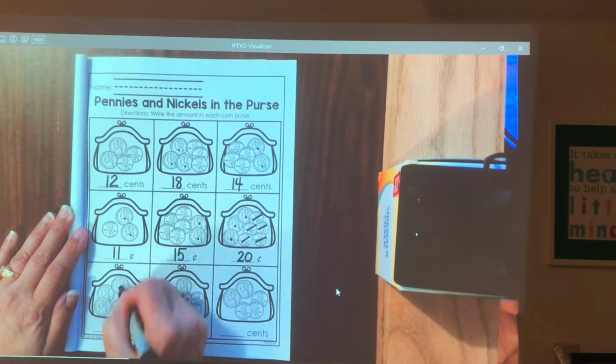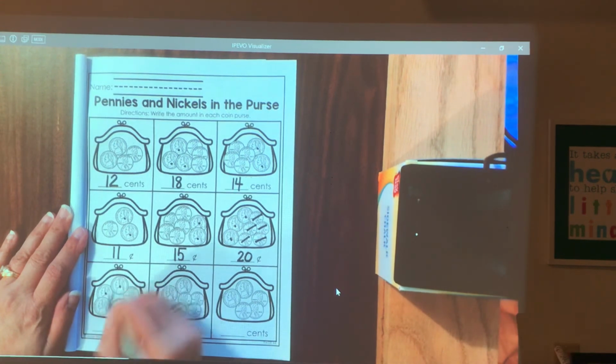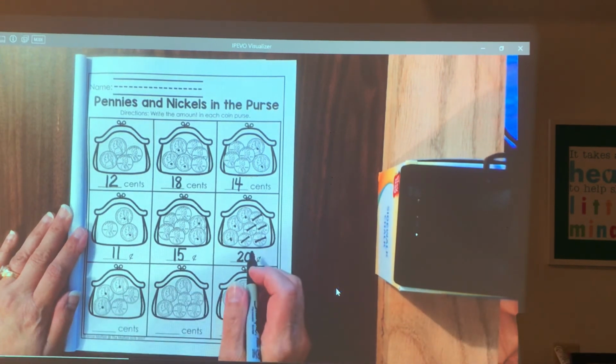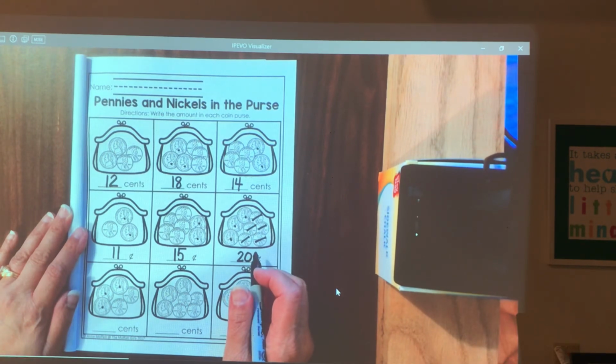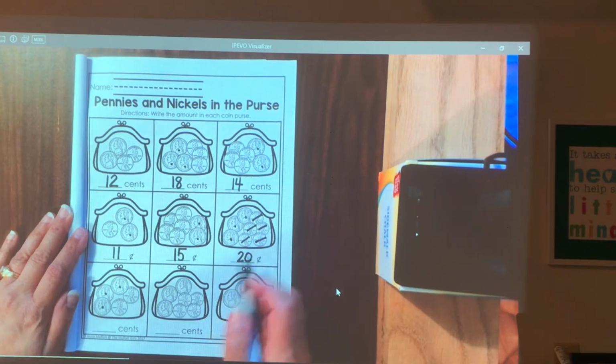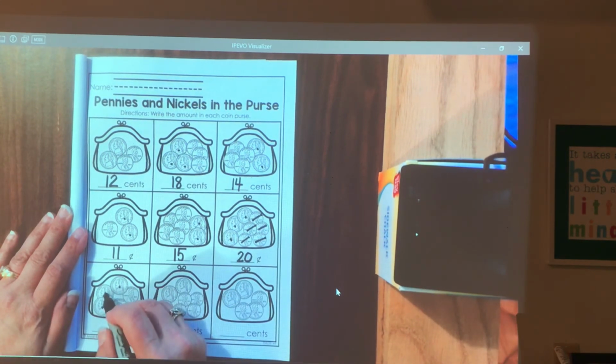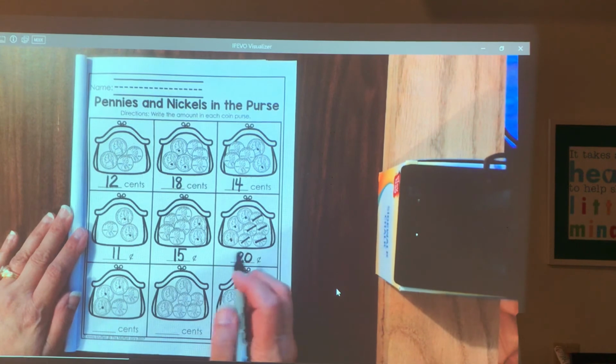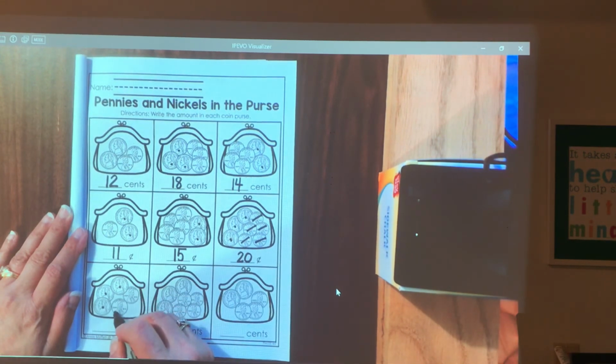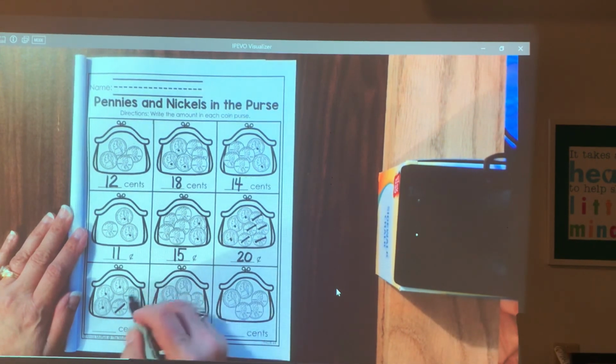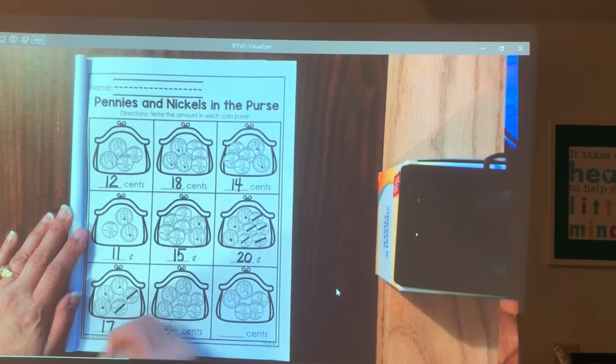All right, put a dot on the nickels. 3 nickels. What's 3 nickels? She said she's counting by fives. 5, 10, 15. One more makes 16. One more makes 17.